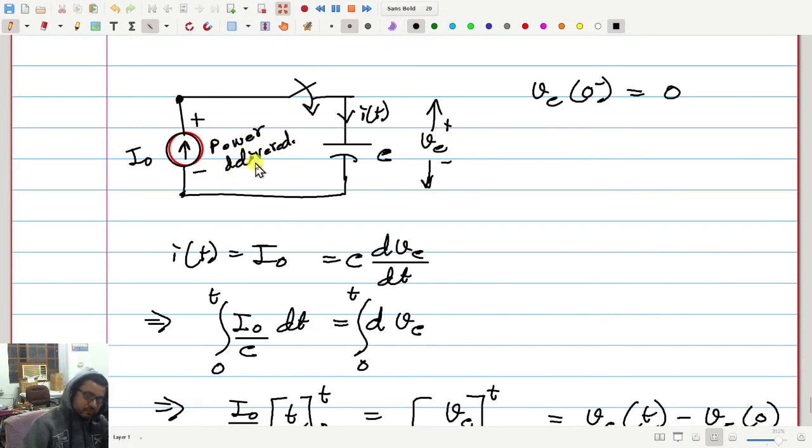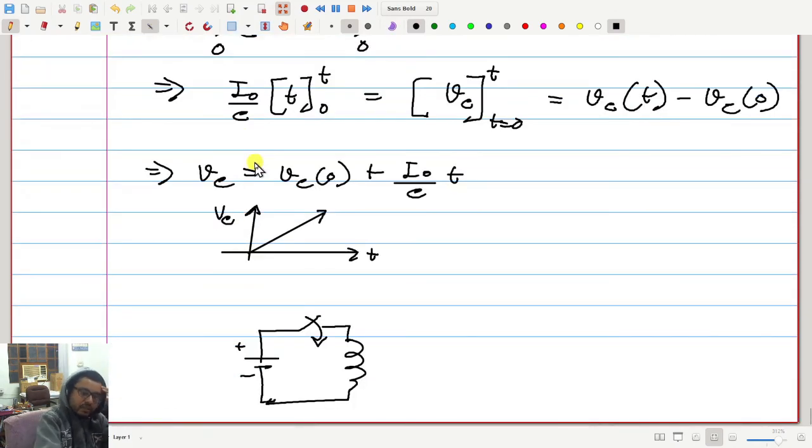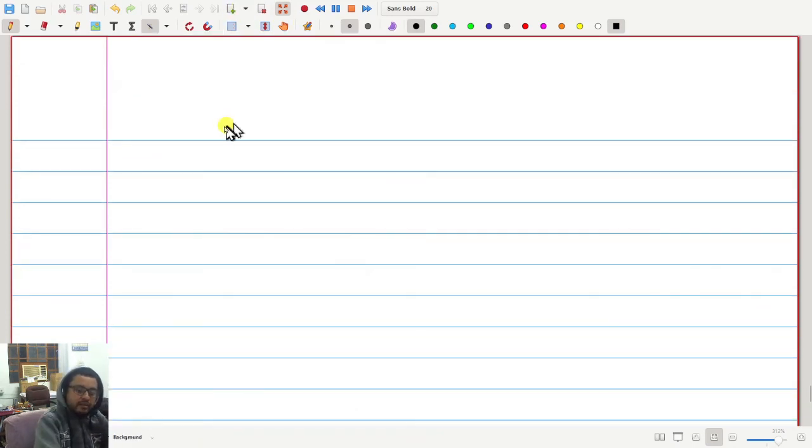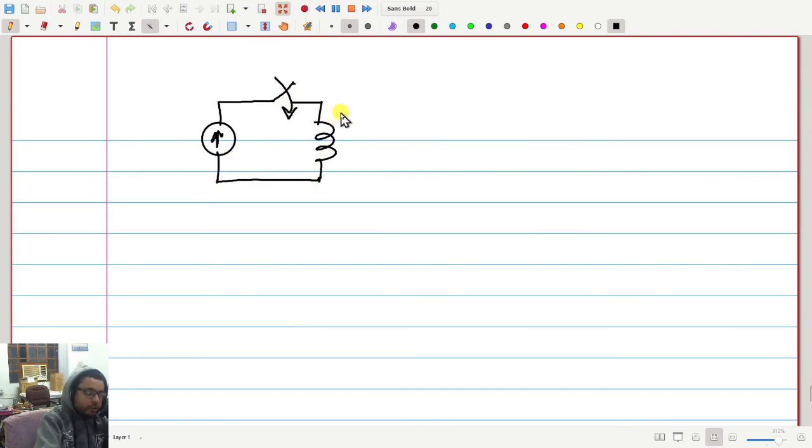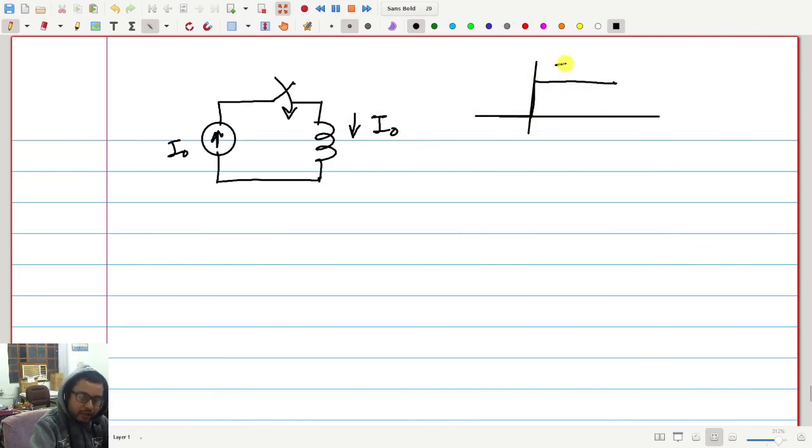Sir, if we connect a current source to an inductor like this, then the moment you connect the switch, immediately the current will become the same as I naught, and the voltage will be instantaneously infinite. The current here is 0, then it becomes I naught suddenly.